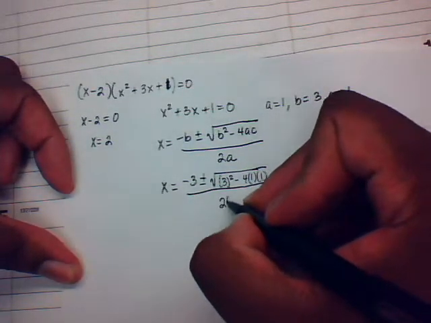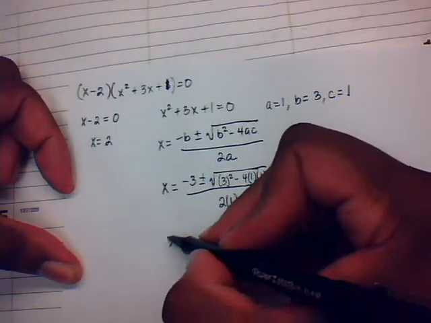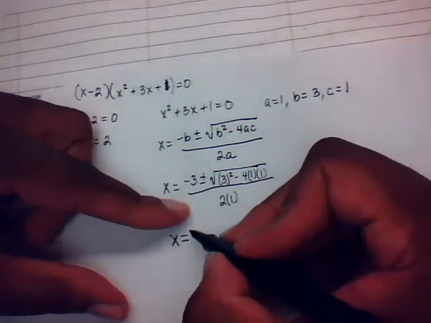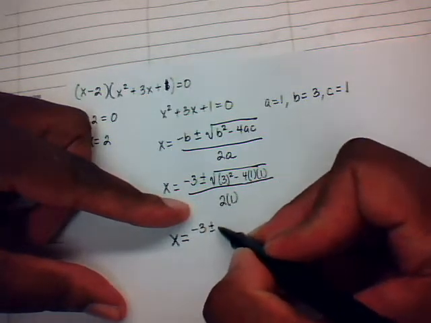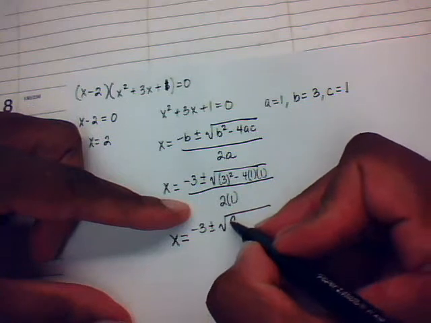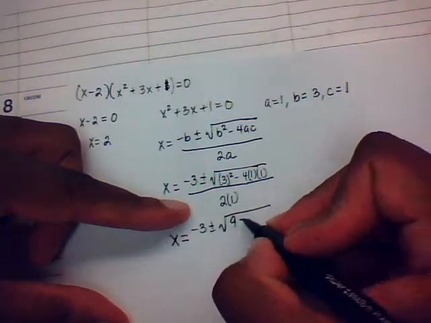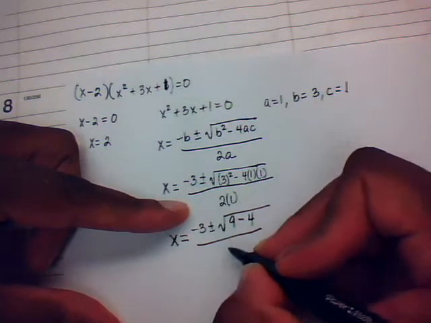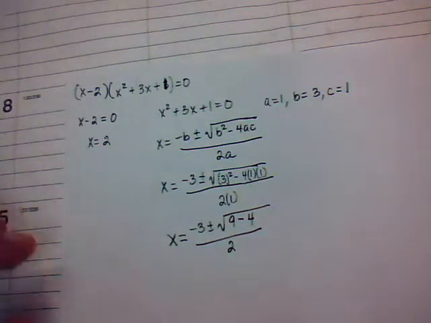And all that's over 2 times a, or 2 times 1. Now let's simplify this. Bring down the negative 3, plus or minus the square root of 3 squared, that's 9, minus 4 times 1, that's simply 4, over 2 times 1, which is 2.